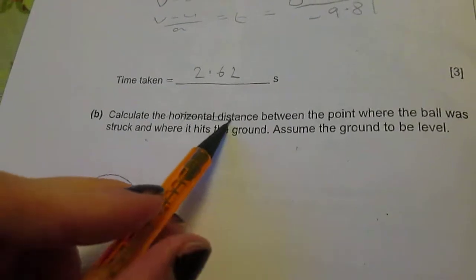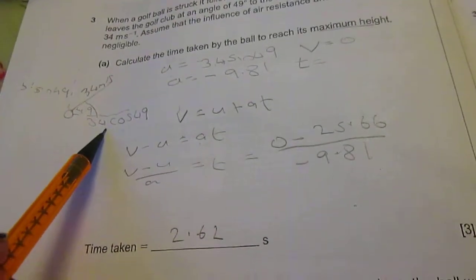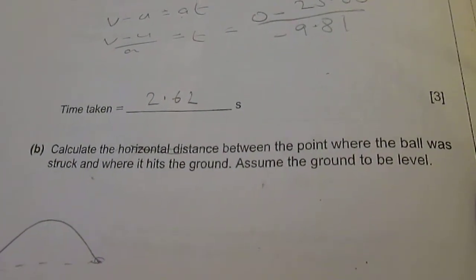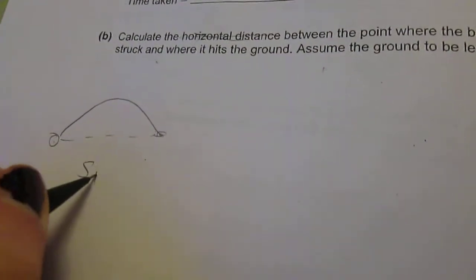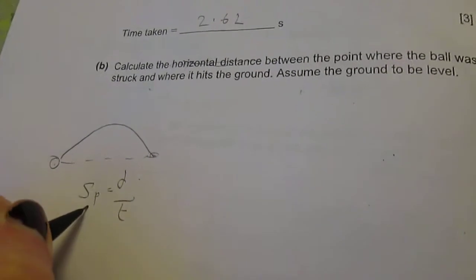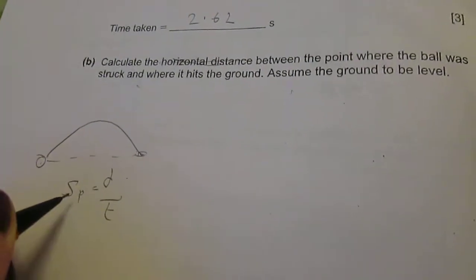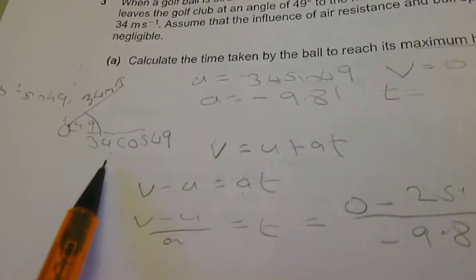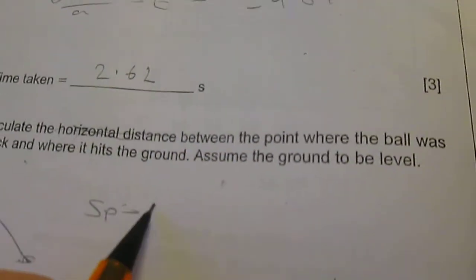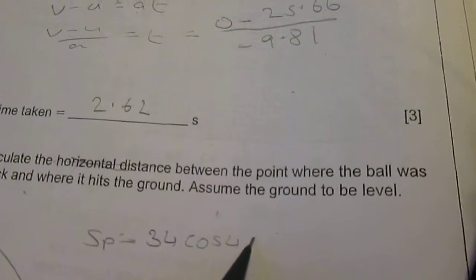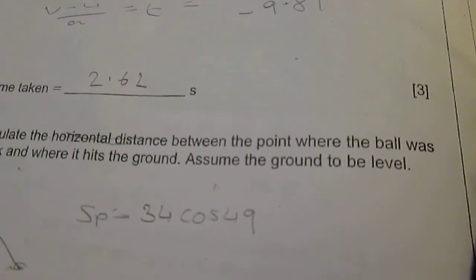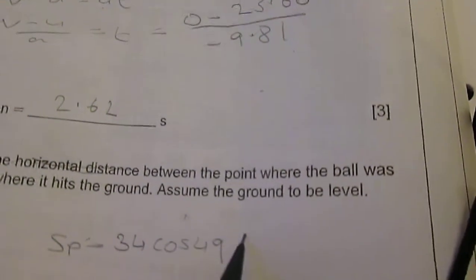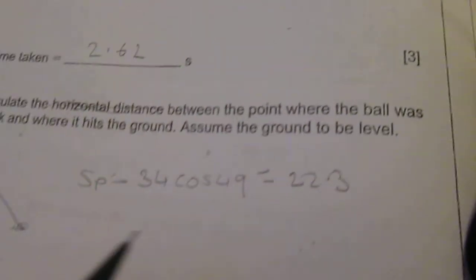Because it's talking about horizontal distance, we're going to have to use our horizontal component of velocity. And when we're talking about horizontal, we are only using speed equals distance divided by time. Remember the horizontal component of velocity is constant throughout. So we know our horizontal speed is 34 cos 49, which is equal to about 22.3.